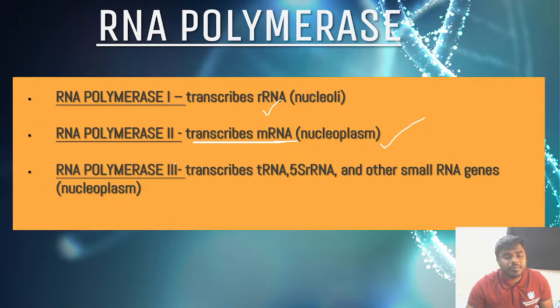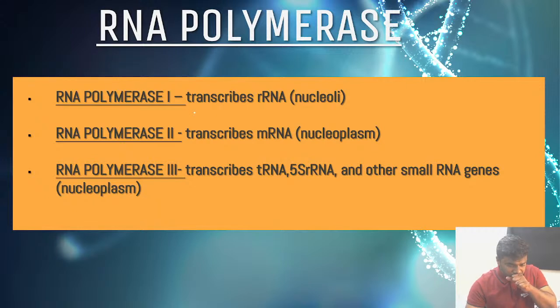And what will RNA polymerase 3 do? All of you remember, RNA polymerase 3 is the one which transcribes all types of small RNAs. Very simple, friends. All types of small RNAs can be transcribed by RNA polymerase 3, like tRNA, 5S rRNA, all those. Okay, friends, every one of you listen to my statements very carefully.